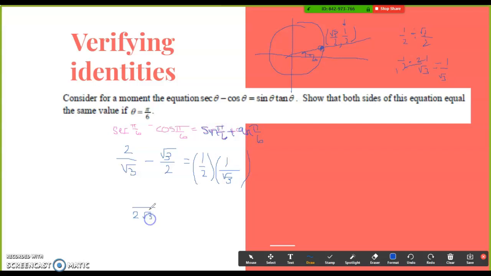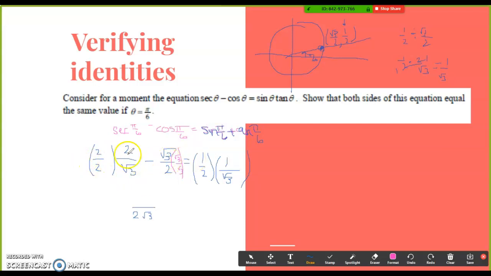That means for the first fraction, I have to multiply both top and bottom by, I'm sorry, not radical 3, by 2. And the second fraction, I have to multiply by radical 3, top and bottom, because it's missing the radical 3.